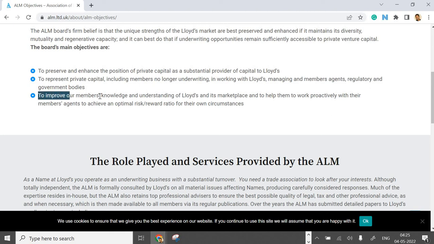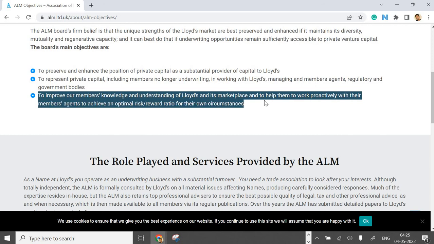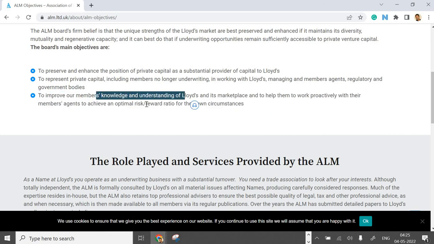And finally, to improve members' knowledge and understanding of Lloyd's and its marketplace and help them work proactively with their members' agent to achieve an optimal risk-reward ratio for their own circumstances. They provide enough knowledge and understanding to individual names so that they can work proactively with their members' agents, who advise individual names on where to invest their money in the London market.